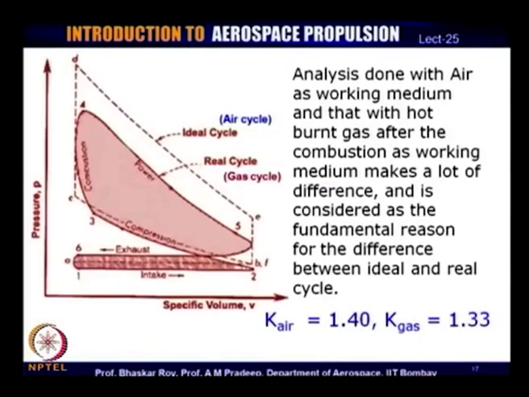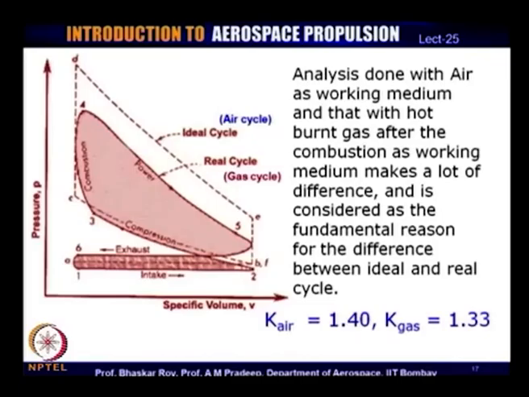The other thing that we need to keep in mind is, we have talked about ideal cycle and real cycle. One of the main differences between ideal cycle and real cycle is that the ideal cycle is actually operating on air cycle, whereas the real cycle is operating on a gas cycle.